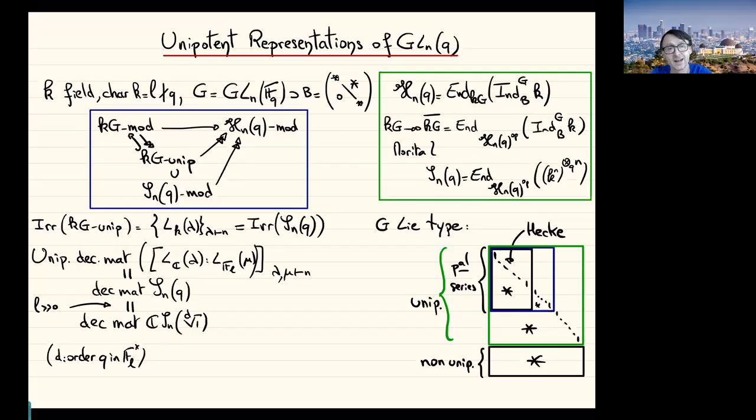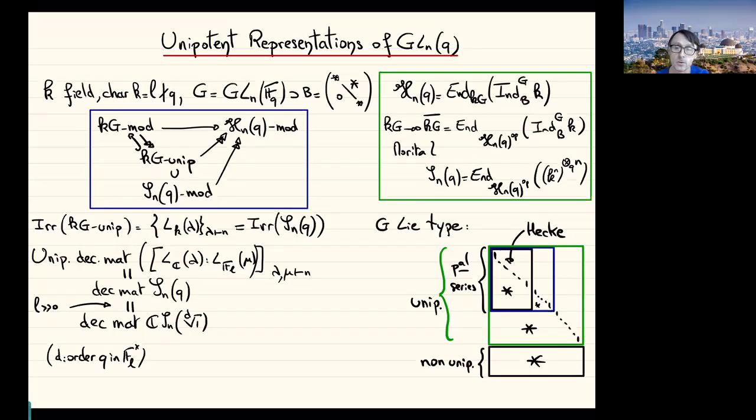If you look at characteristic 0 representations that are part of this unipotent chunk of the category, there are those which are so-called principal series, which come from the Hecke algebra, but there are more. So it's this bigger green box. For GL_n, principal series and unipotent part are the same, and so the blue box is the same as the green box.